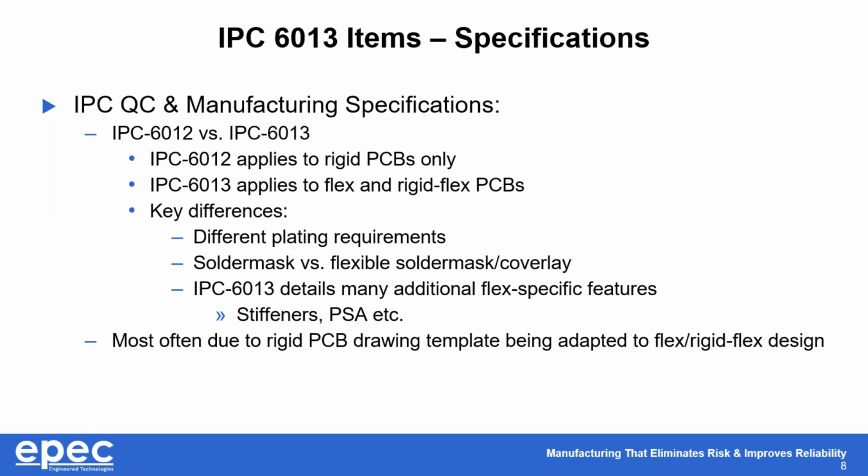There are numerous differences, but the key differences we see are the different plating requirements between both specifications, the callouts for solder mask versus flexible solder mask and Coverlay, and also how 6013 will detail many additional features that are specific only to flex or rigid flex, such as stiffeners, PSAs, pressure sensitive adhesives, things of that nature.